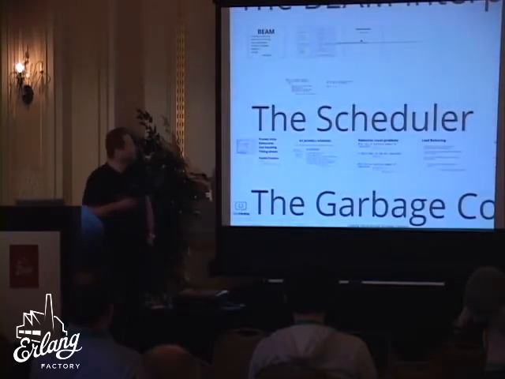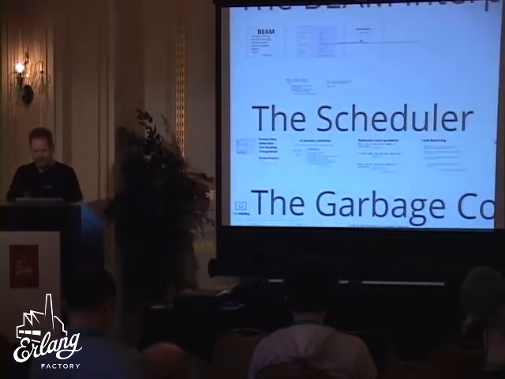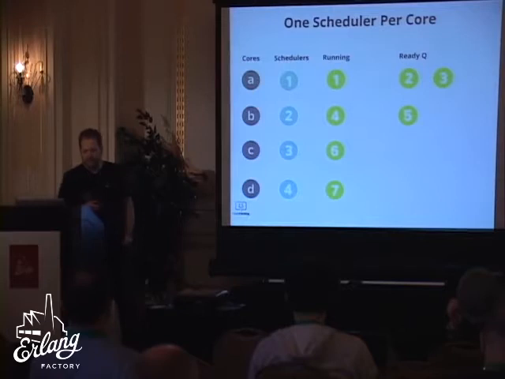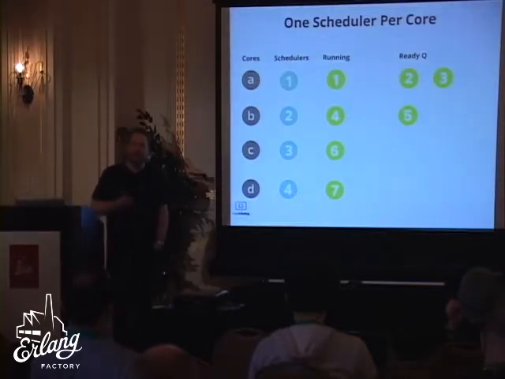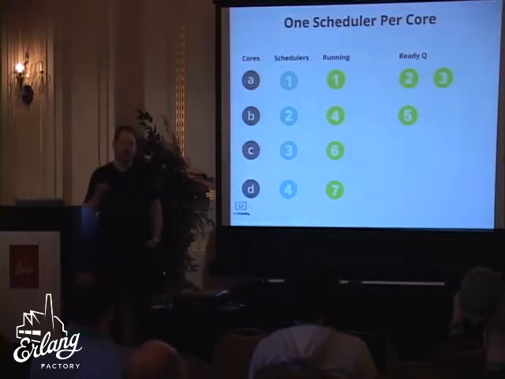So then we come to the main topic of the talk, the scheduler. So first, in a multi-core system, you have to realize that there's actually one scheduler per core. This is not set in stone, but if you don't change any parameters when you start up your system and you're running a multi-core system, then you get one scheduler per core.